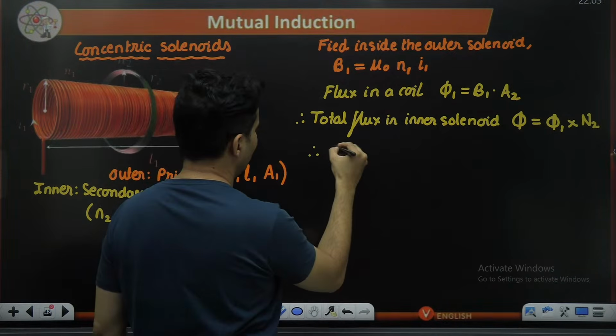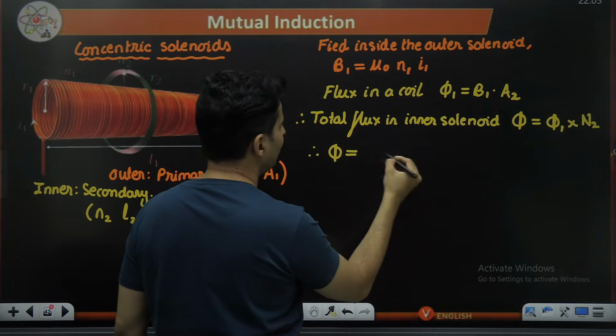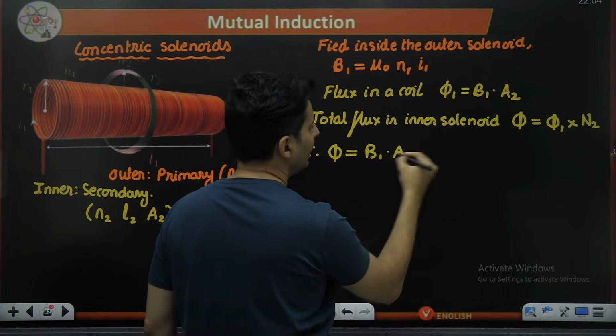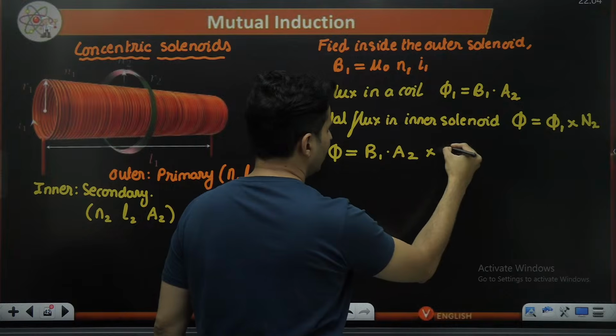So now it's just a matter of substitution. Phi will be phi1, which is B1 into A2, multiplied by N2.